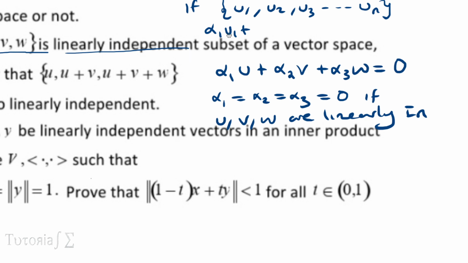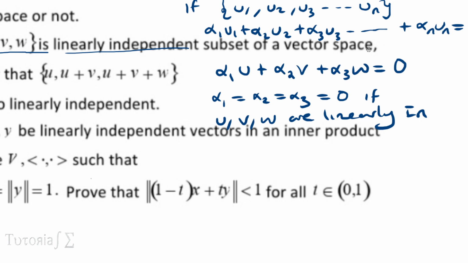All right, so we are saying if we are given a set of vectors like this, first of all, we write it as a linear combination like this, all the way to alpha n un equals 0.